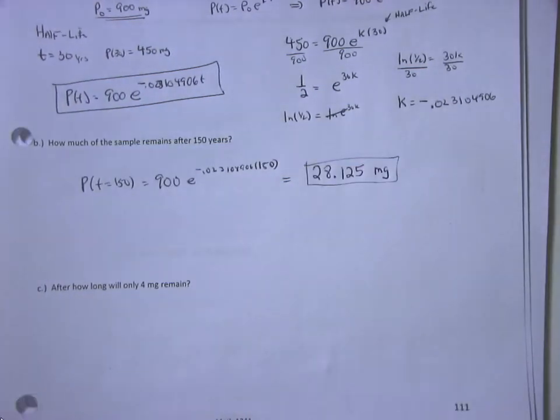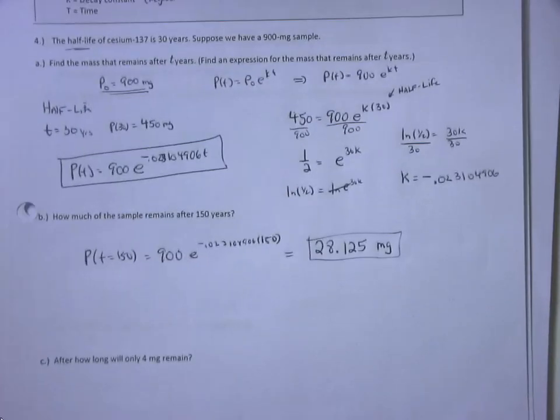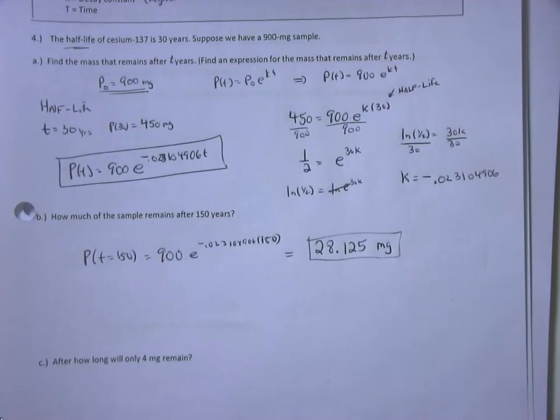If you solve for k in terms of years and made the equation in terms of years, and they asked for how much of the sample remains after so many months, would you convert months to years or years to months? It's your choice. Always answer their question. If you're doing all the math in terms of years, and then all of a sudden they want months, take your answer and multiply it by 12. Does that make sense? You've got to answer their question.